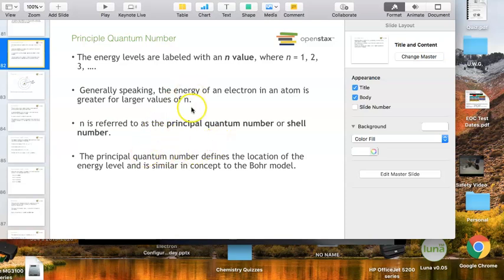So the further the electron is away from the nucleus, the larger the quantum number, the larger the energy associated with that electron. n is referred to as a principal quantum number or shell number. The principal quantum number defines the location of the energy level and is similar in concept to the Bohr model.